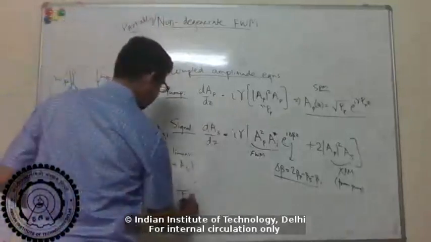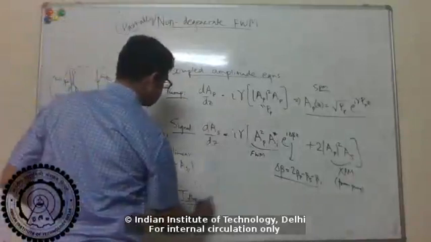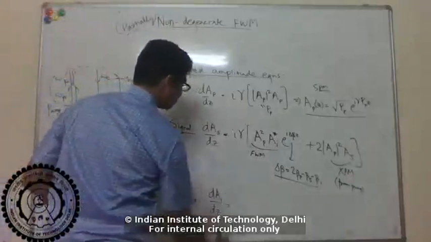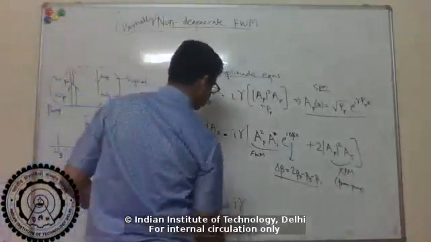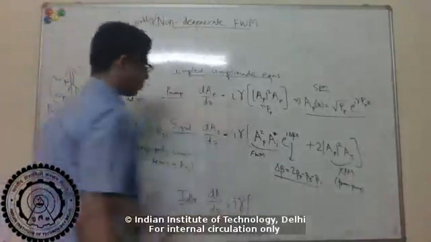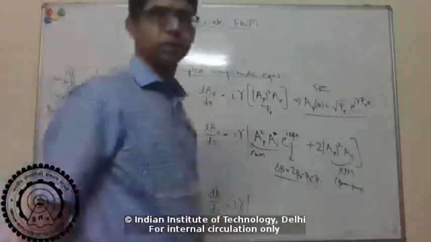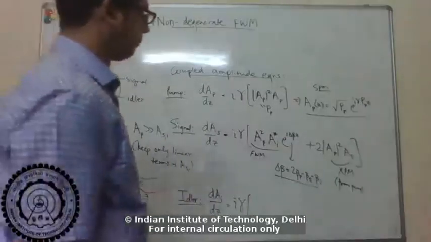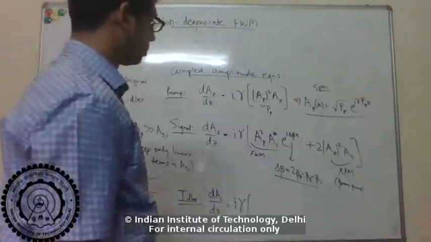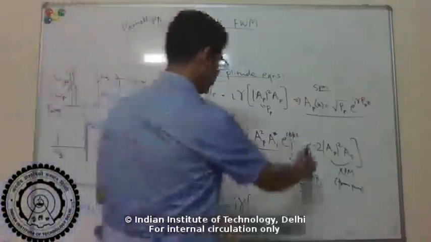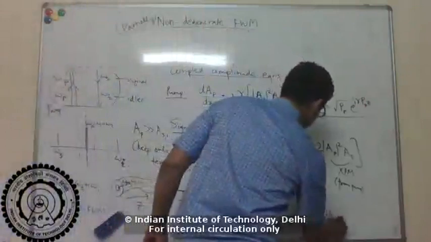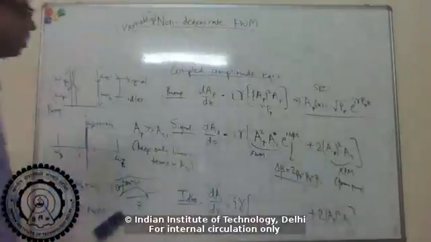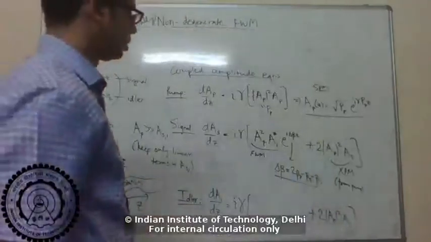Similarly, we can write for the idler. So dAI by dz, again i gamma. What terms do we get here? For the cross phase, it will be the same, like twice of AP square. Yeah, so this term will be the same, AI. Cross-phase modulation from the pump. And the other term will be like twice of omega p minus omega s.